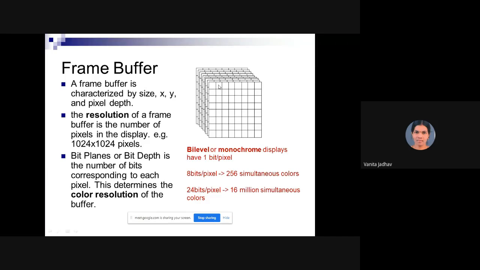This depends upon the number of bits used to represent the color. Below it is shown that if we are using 8 bits per pixel, we are able to get 256 different colors. And if we are using 24 bits per pixel, we are able to get 16 million different colors. So this is about the frame buffer.